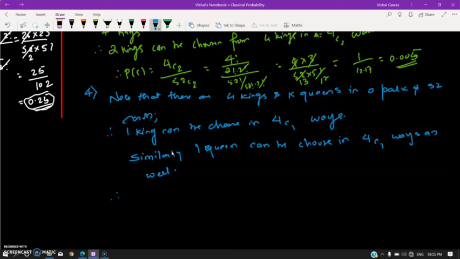Then 1 king and 1 queen together can be chosen in 4 into 4 ways.